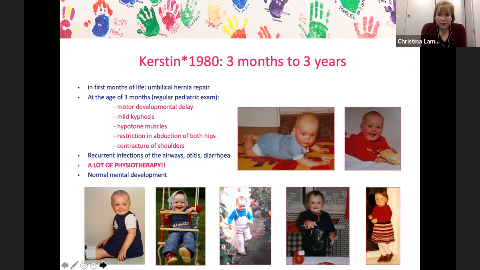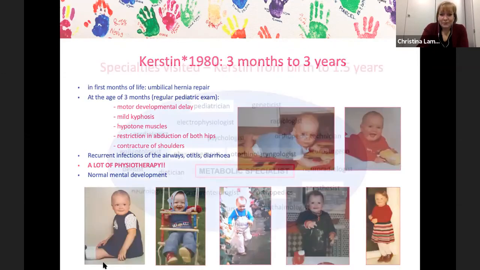She was suffering diarrhea. She received a lot of physiotherapy because nobody was thinking to make any genetic testing or testing for a metabolic disease. But the mental development was normal. And you see her here in the pictures, and she actually looks like a very healthy and happy child.